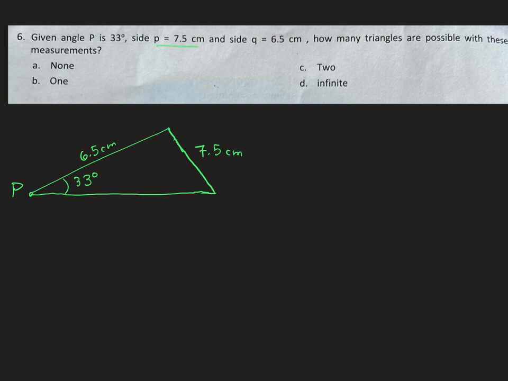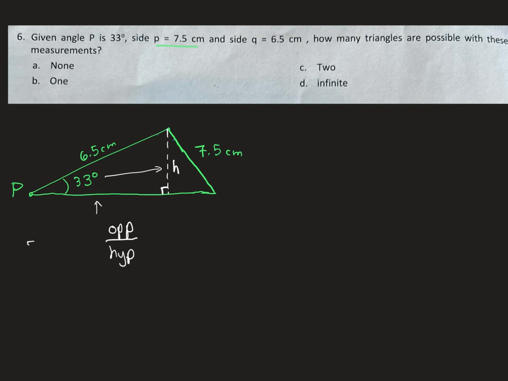First thing I do is figure out the height of this triangle, which I'll call H. To do that, we're going to use that right angle triangle here. We want to know H, which is across from the angle, so opposite, and the hypotenuse of that right angle triangle is 6.5.